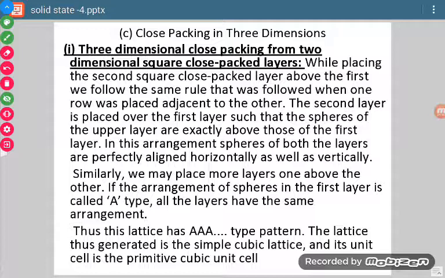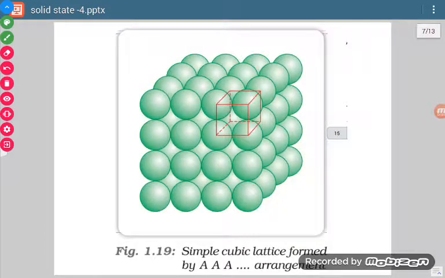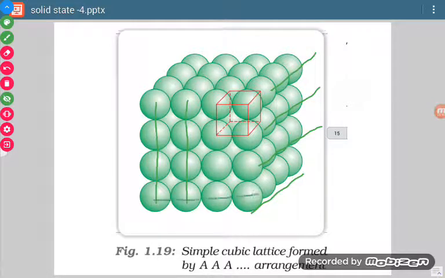Now placing of layers can be done in 3 ways. How can it be done? See, very first way. We have taken this layer, then this layer, then this layer, then this layer. Here the placing is exactly in such a way that the vertical and horizontal positions are maintained. Same vertical position, same horizontal position.